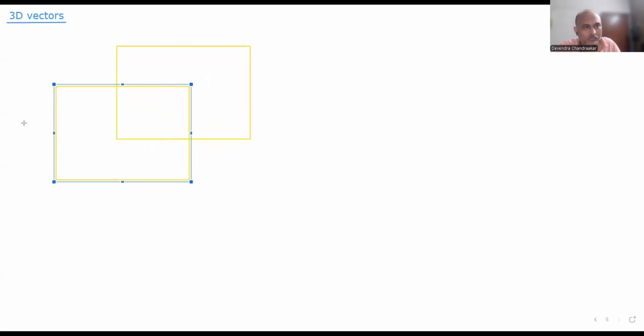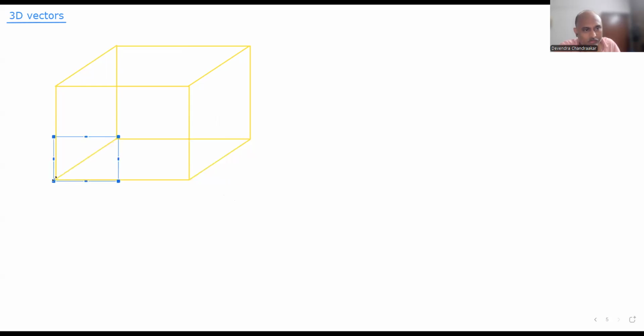So now it's time to learn 3D vectors. To learn 3D vectors, let's draw a cuboid first. So this is a cuboid. Just pay attention. Don't write it. First, try to understand what I'm trying.